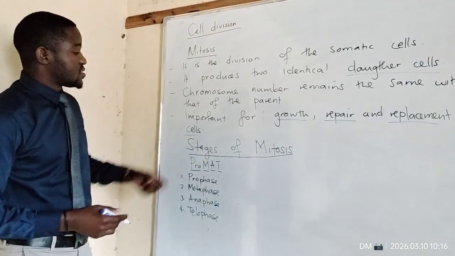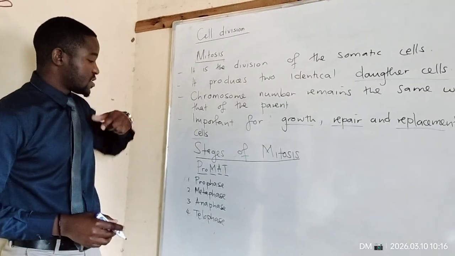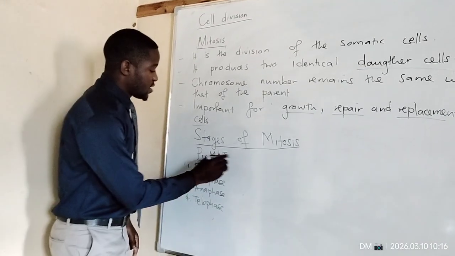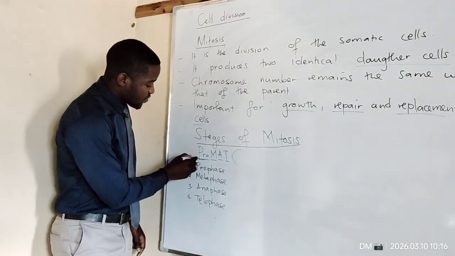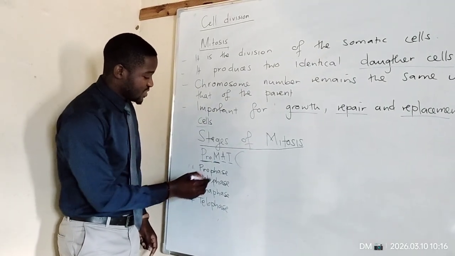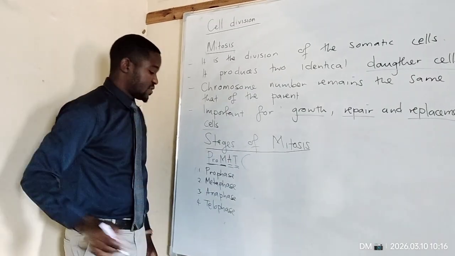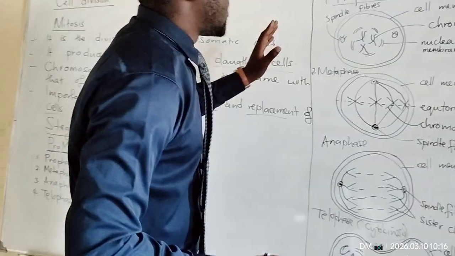So the worn-out cells are replaced by this process called mitosis, and it follows these stages. We can use this acronym PROMAT to remember the stages: Pro for prophase, M for metaphase, A for anaphase, and T for telophase. So these are the stages, and I will break down the stages as follows.